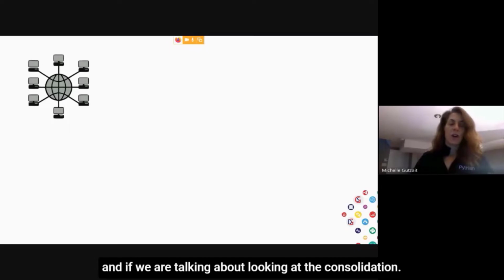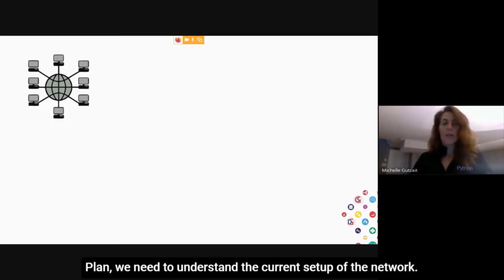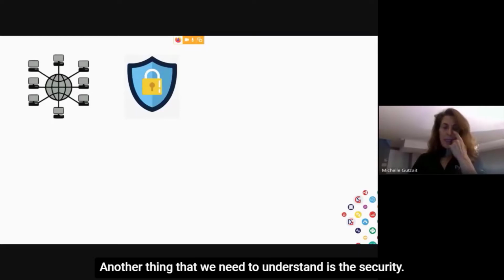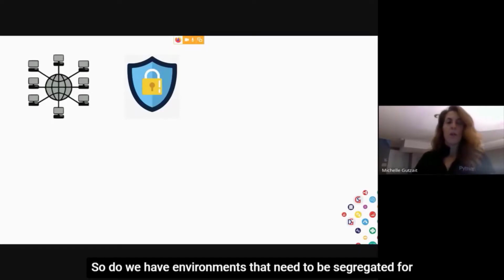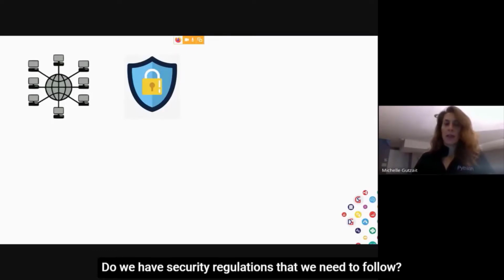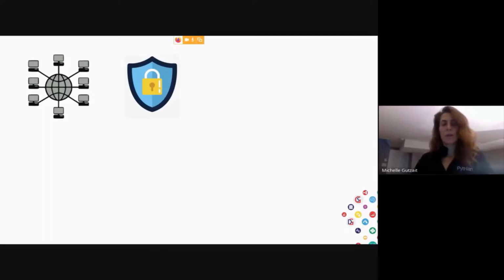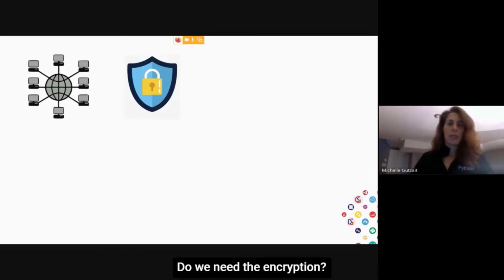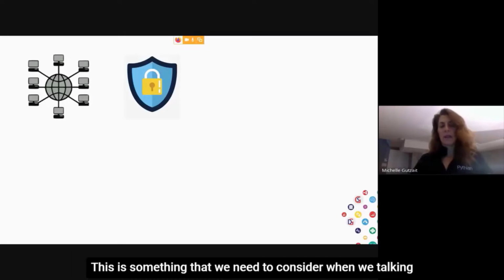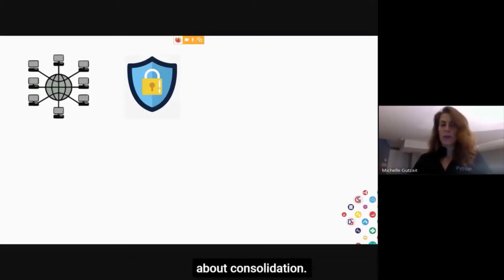And when looking at the consolidation plan, we need to understand the current setup of the network. Another thing that we need to understand is the security. Do we have environments that need to be segregated for different reasons? Do we have security regulations that we need to follow? Do we need encryption? Do we need anything else security related? This is something that we need to consider when we're talking about consolidation.